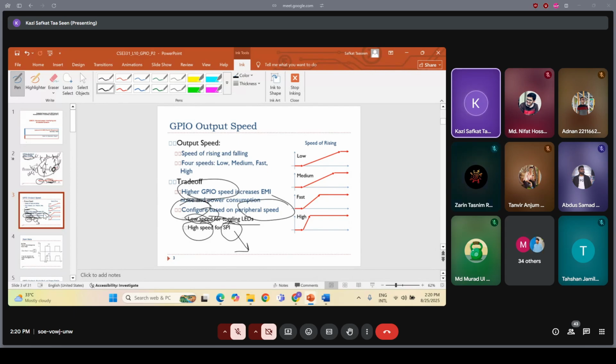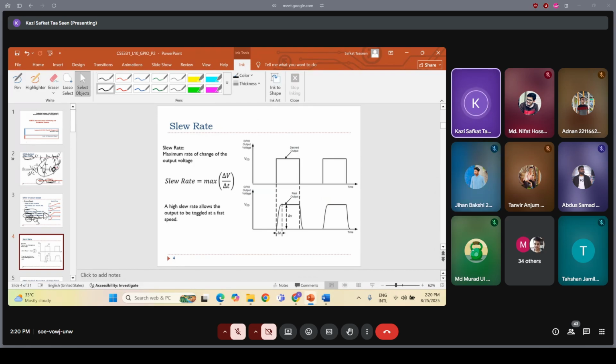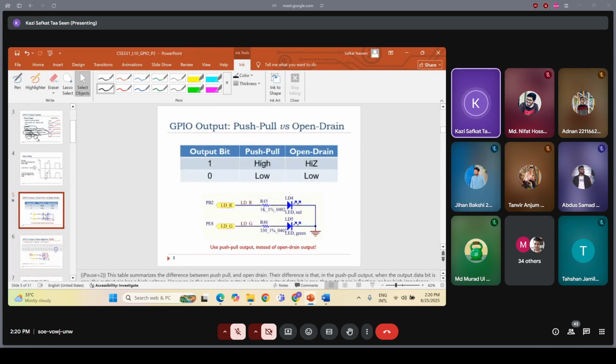So we saw what the slew rate was. And here again, it repeats the difference between push pull and open drain. You can see when the output bit is 1, push pull gives you a 1. When the output bit is low, push pull gives you a low. This high and low are at the pins.